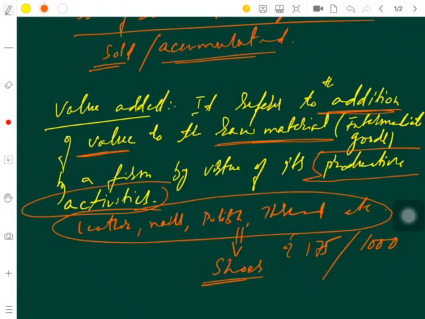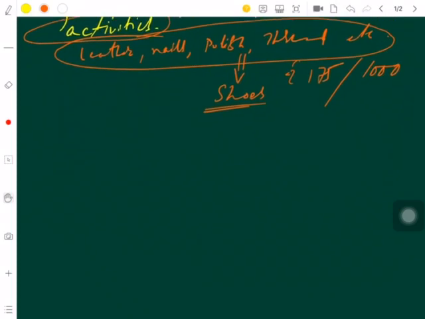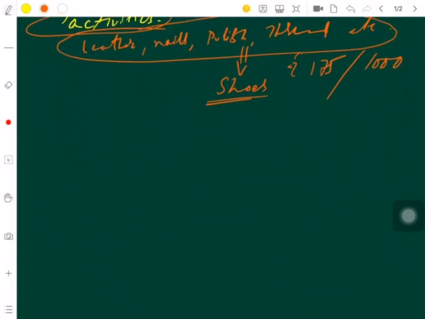So in order to understand this value added, we can talk in one more way, and then we will proceed to an example. If we say in one more way from the previous lectures, value added is equal to value of output.